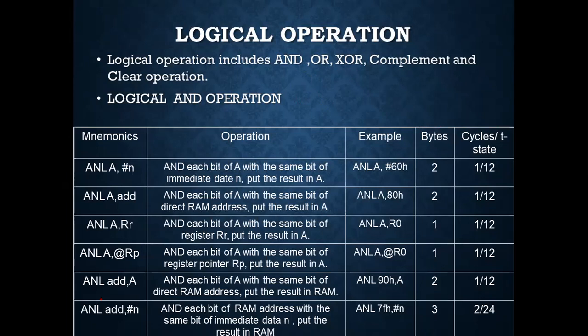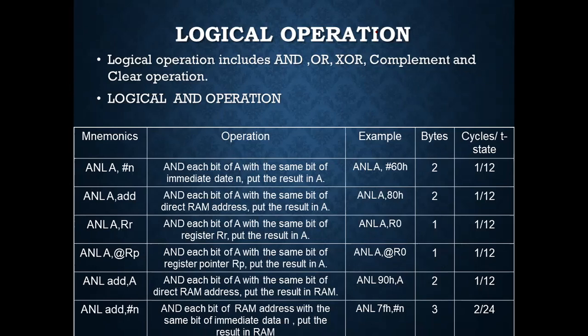The fourth one is at the rate RP. Can you tell what operation is going on here? ANL A comma at the rate RP. The content at the address in RP will be ANDed with the A register, and the result will be stored in the A register. Very good.